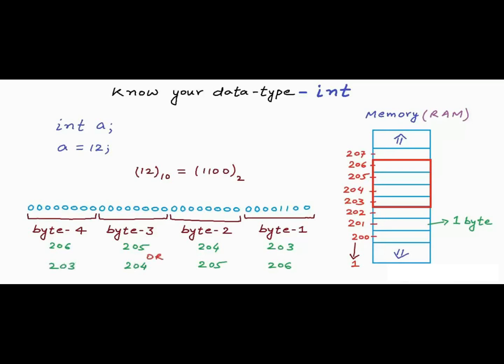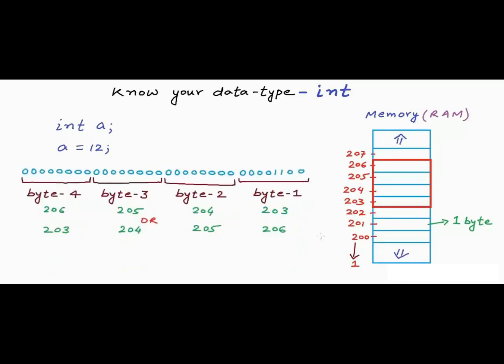Both arrangements are possible. If the least significant byte is given the smallest address, such an architecture is called Little Endian architecture. And if the least significant byte is given the highest address, then such an architecture is called Big Endian architecture. So which byte should go where will depend upon the memory architecture, whether it's Big Endian or Little Endian.